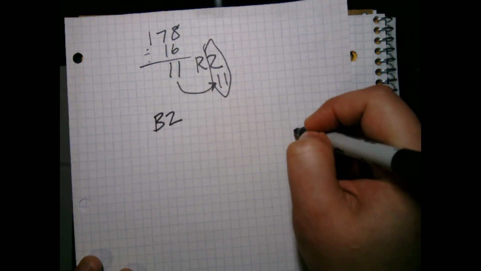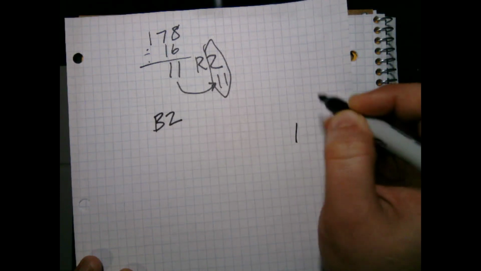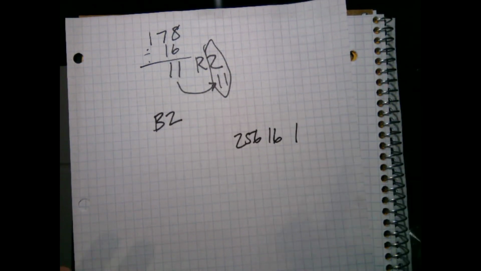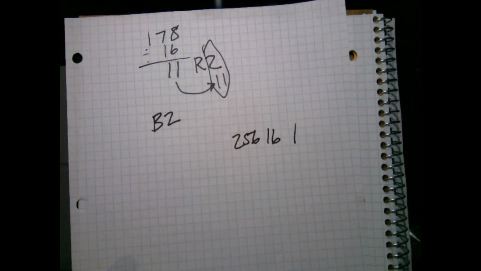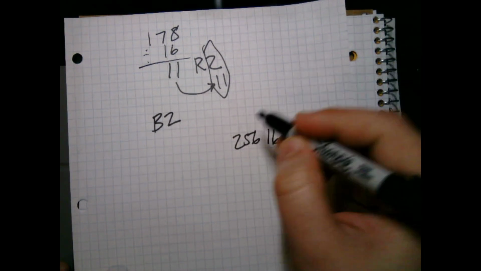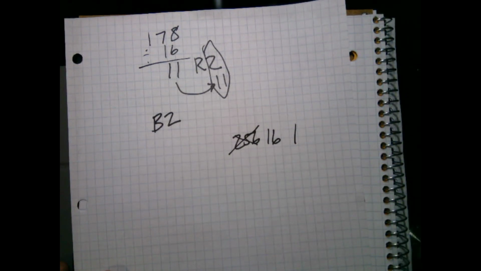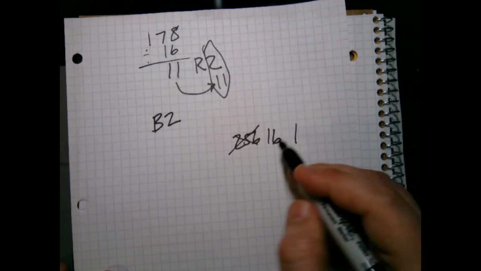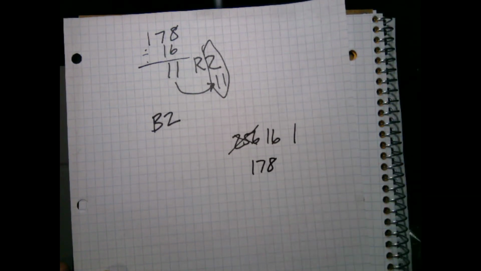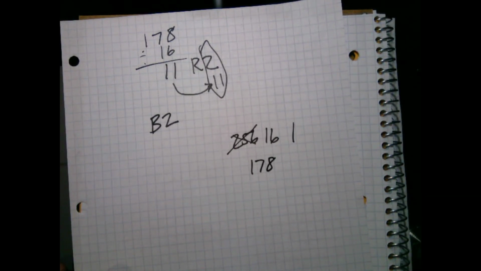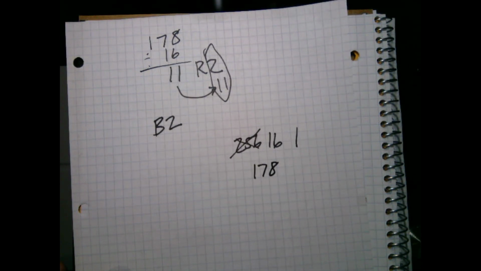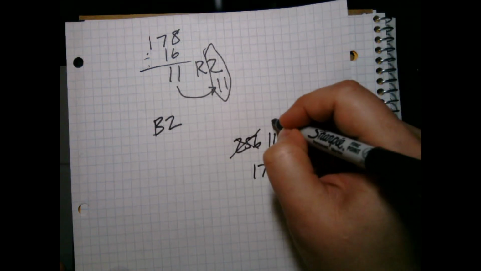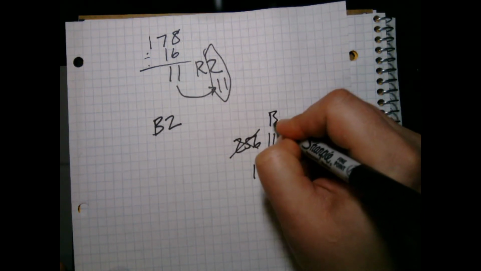So our weights were, if you remember, 1, 16, 256. 256 is the first column 178 can't fit into, so we'll stop here and ignore that column. We go to the column 16, and we ask ourselves, how many times does 16 go into 178? And the answer would be 11, or B.